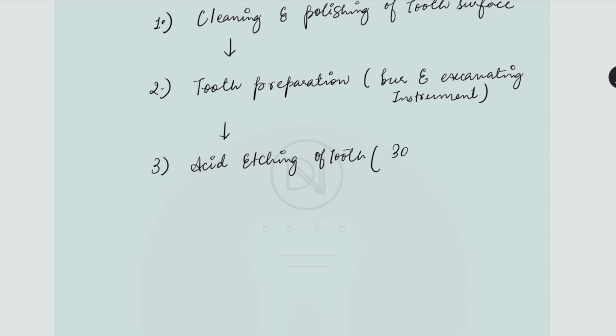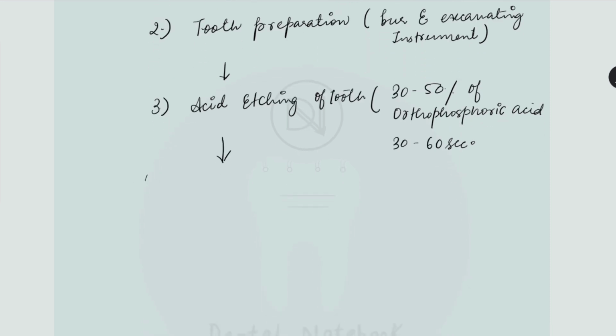Then you have to go for the acid etching of the tooth. It is done with 30 to 50% orthophosphoric acid for 30 to 60 seconds. Okay. Next, you have to rinse the tooth.